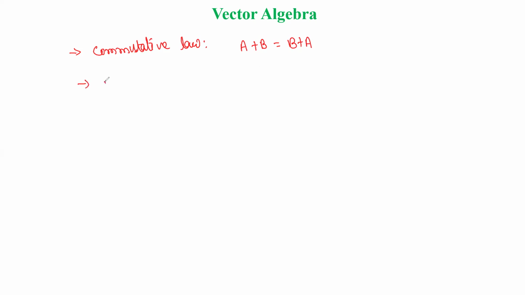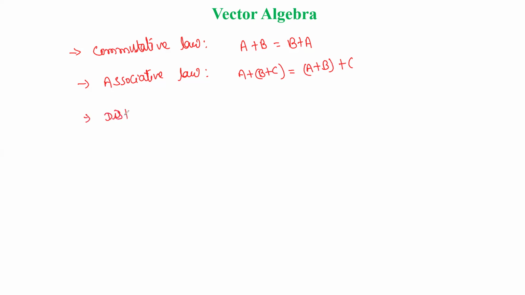Similarly, we have another law we call the associative law. In the associative law, this is about the association. Suppose we have three vectors A, B, C, and here B and C are associated together. This can also be written like this: A plus B associated together, plus C. And another we have is the distributive law.